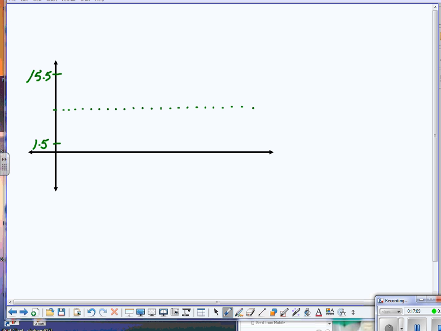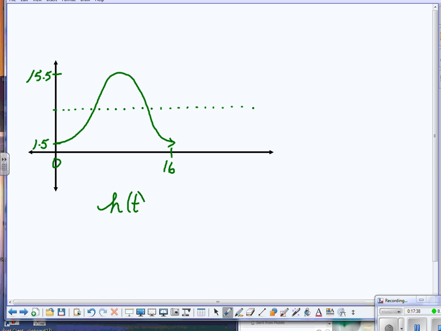It takes 16 seconds to complete a revolution, so it would be one cycle from 0 to 16. So our graph would look like this, and so on. This can get me started to write my equation. The height of the person in terms of the time.